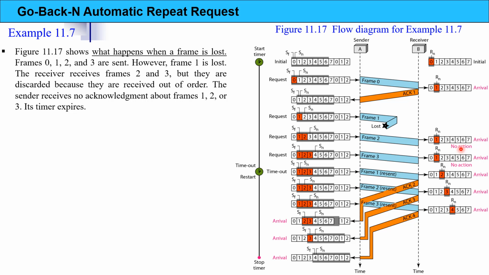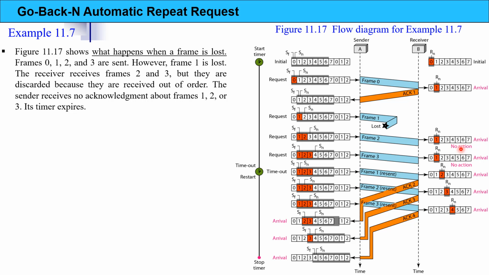Because in Go-Back-N, once any frame is lost, the whole window is sent again. So the window now, I received only acknowledgement 1, so the window now shifted to start from 1. Okay. So I will resend 1, 2, 3.